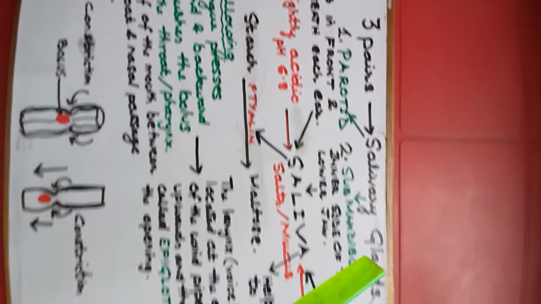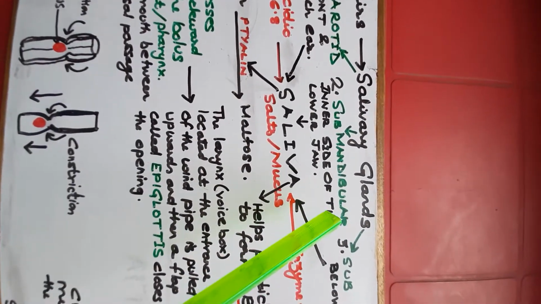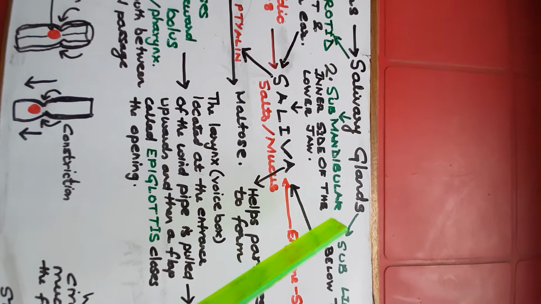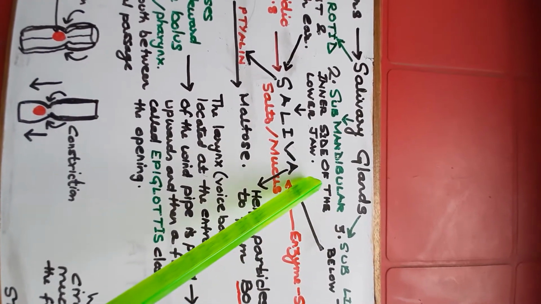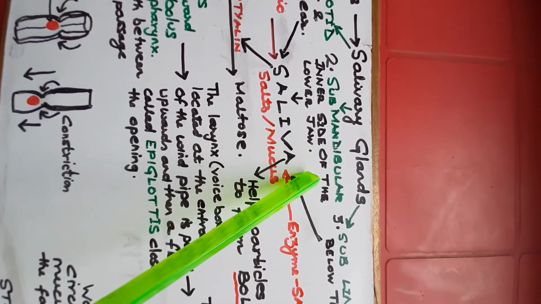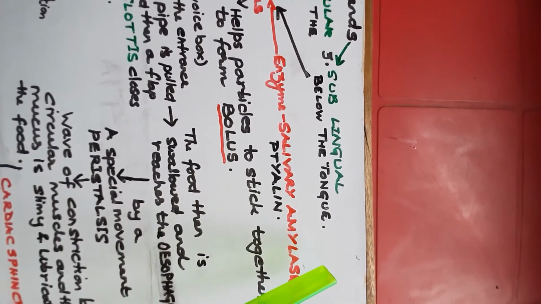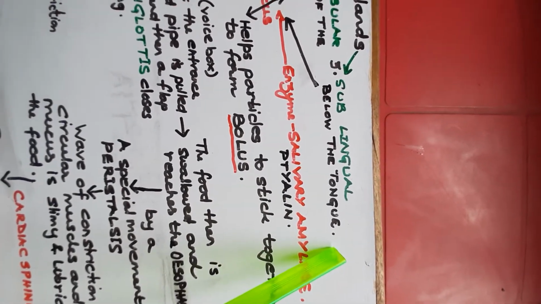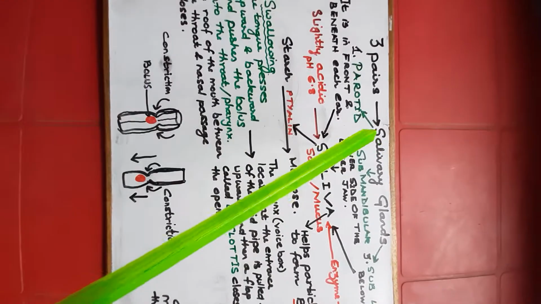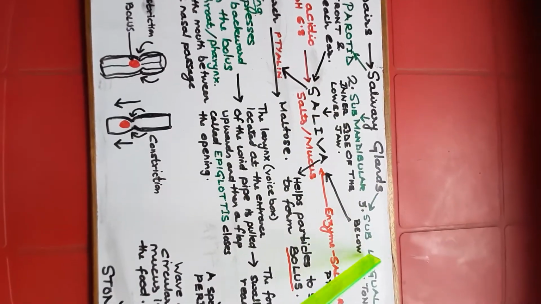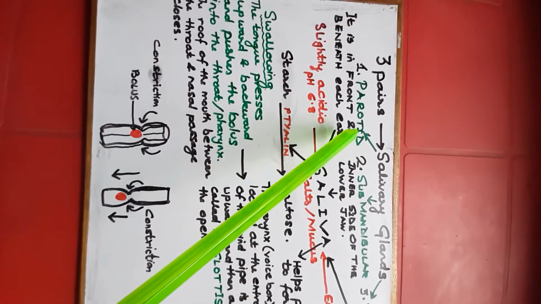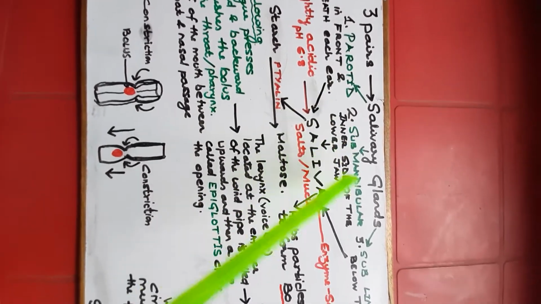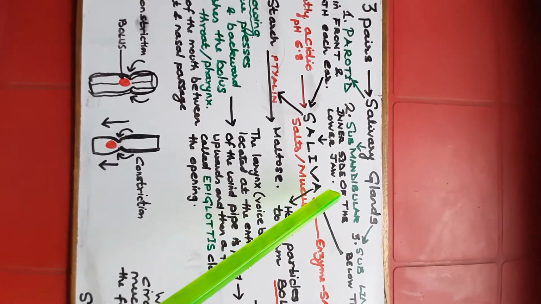Submandibular, it is present on the inner side of the lower jaw. Sublingual, it is present below the tongue. So these are the three pairs of salivary glands, and all of them work together and they produce saliva.